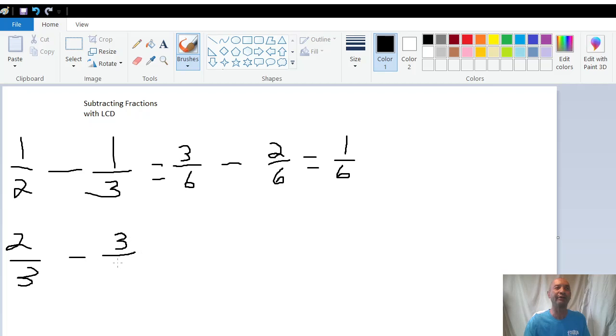Yep, 3/5. That'll make sure that we have a positive number. Okay, the lowest common denominator here is, let's go through the multiples of 3. 3, 6, 9, 12, and 15.